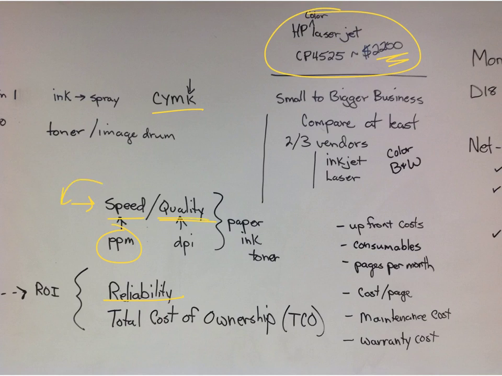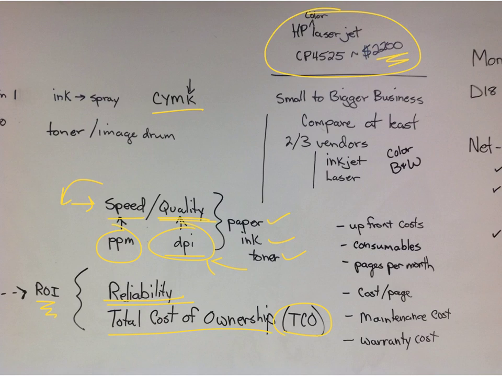The quality of the printed material, dots per inch. We're concerned about the quality of the paper, the ink, the toner, the type of printer, and what kind of quality it produces. Reliability. And we talked a little bit about return on investment, and then the total cost of ownership.